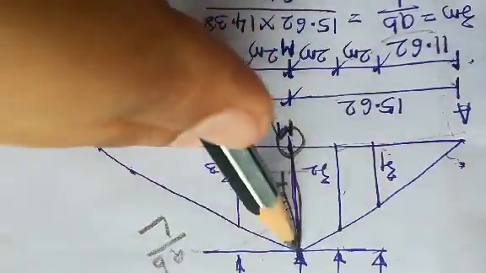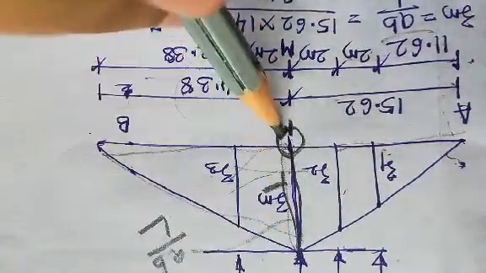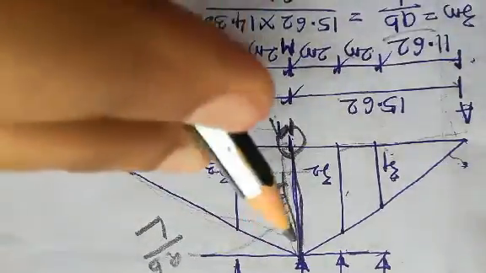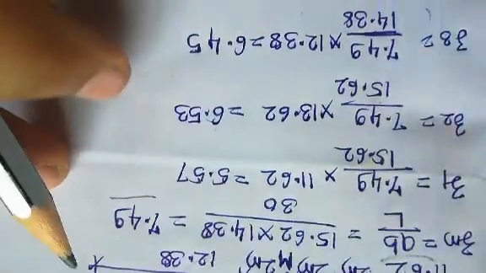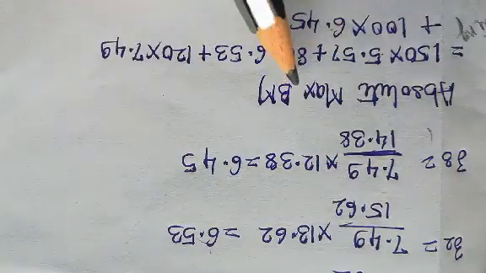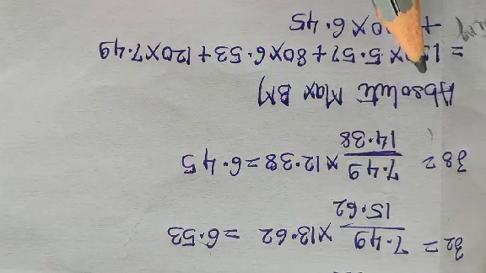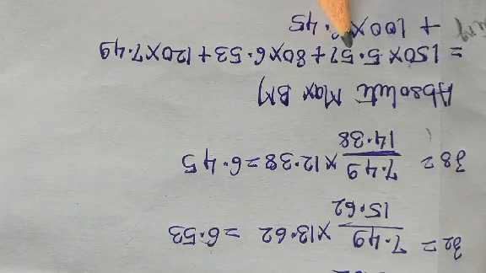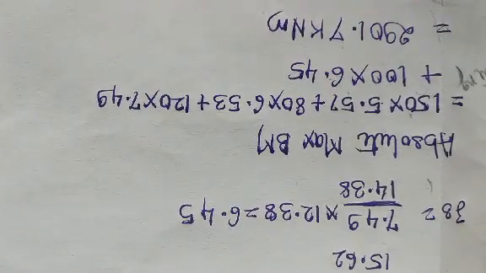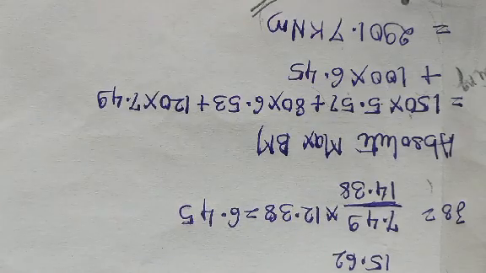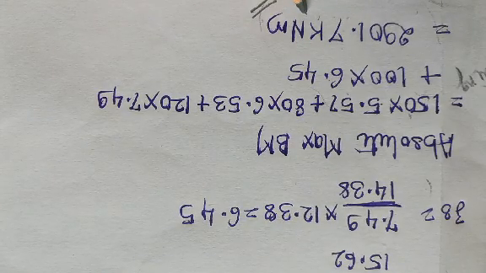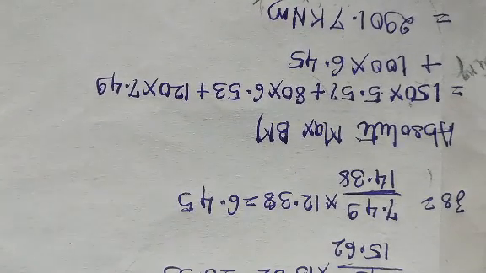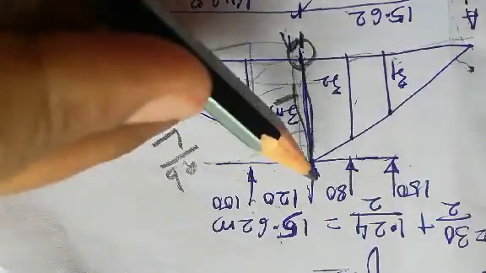For Z3 you have to use the other side of this similar triangle. Now the absolute maximum bending moment is the summation of each load multiplied by its ordinate. After doing this calculation, you will get 2901.7 kilonewton meter.